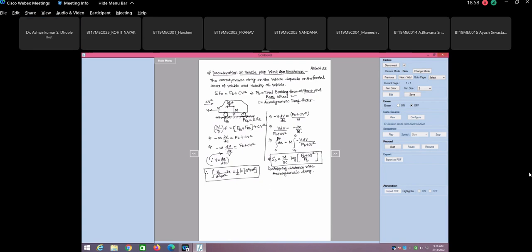Yeah. So write down. Consider a light vehicle. This is the problem. This is page number 1.